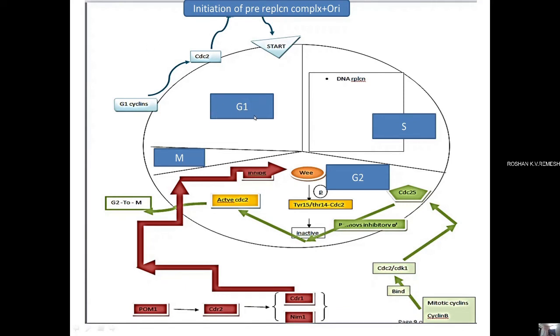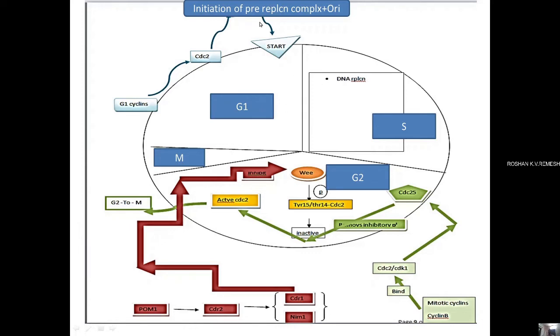Here you can see different phases of the cell cycle. They are G1, S phase, G2, and at the end you can see M phase over here. We have already discussed that there are three cell cycle checkpoints.